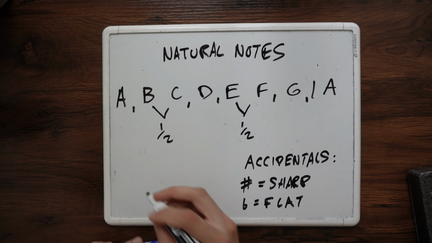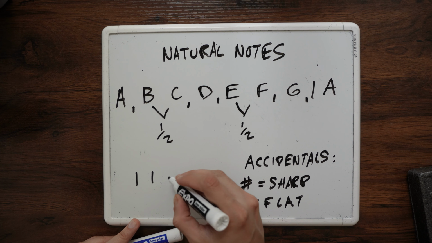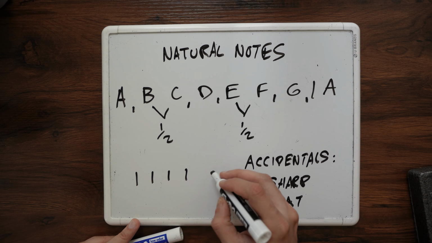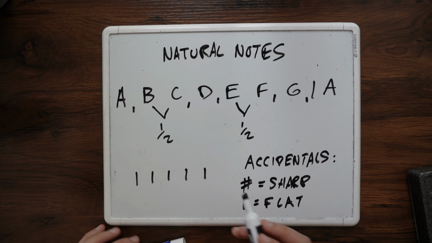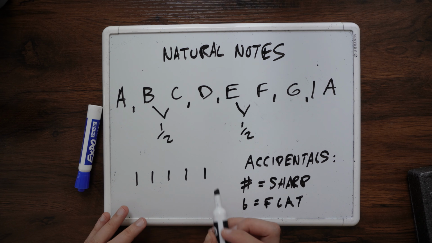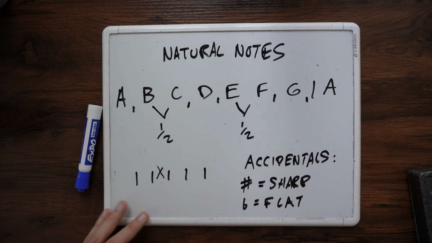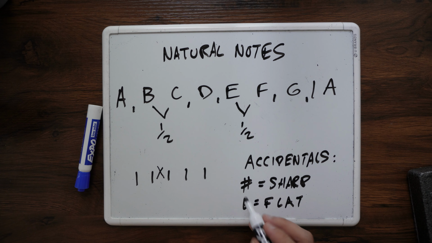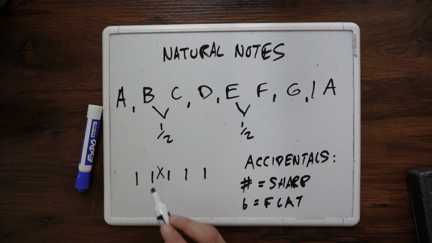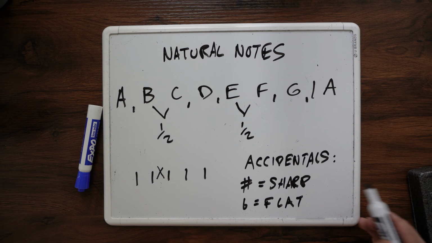For example, if we are locating notes on our 12-note system here, let's say we have a note called X on this location. This is called X natural, to be specific, right? Because it has no accidentals.